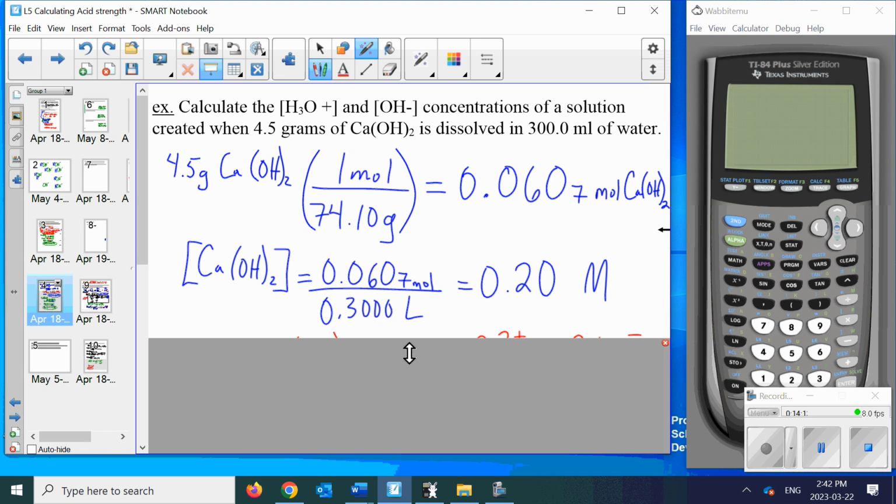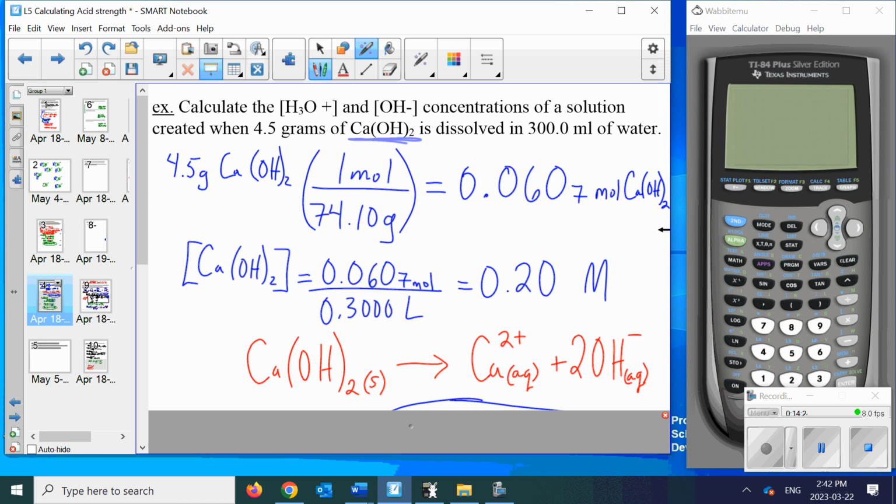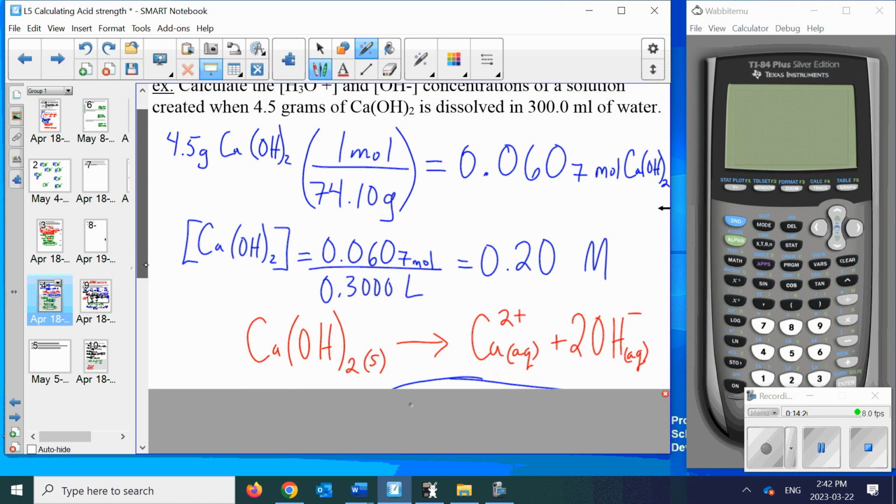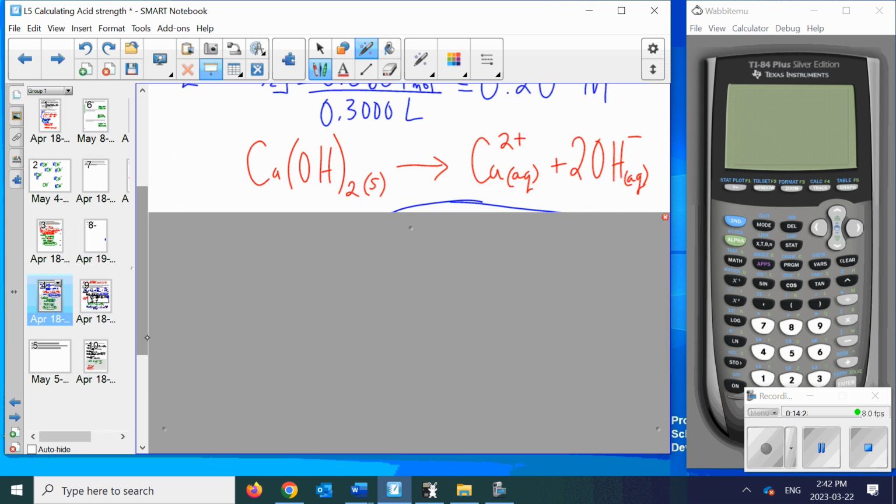We need a reaction. And this, we call this an Arrhenius base. It's calcium hydroxide. If you have hydroxides, don't worry about adding them to water. Just break them up into the ions. Look them up on the ion chart if you need to. Calcium hydroxide, solid, added to water.